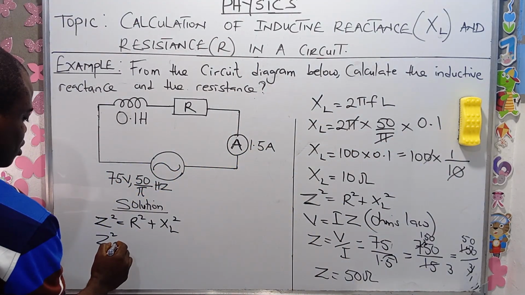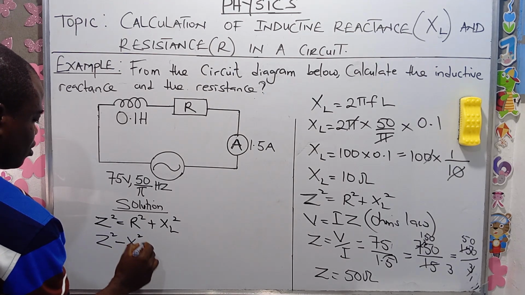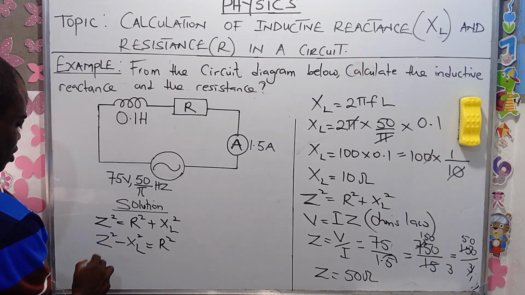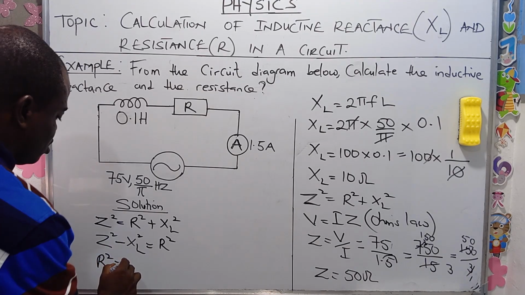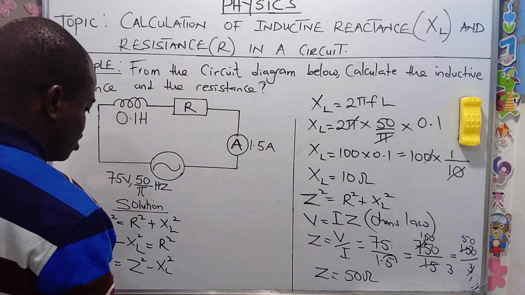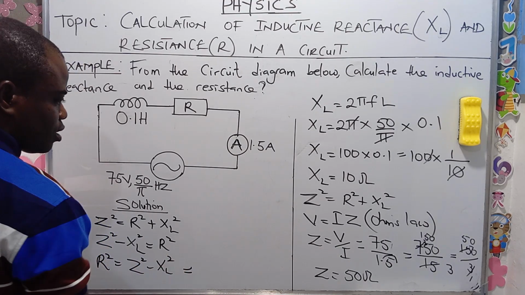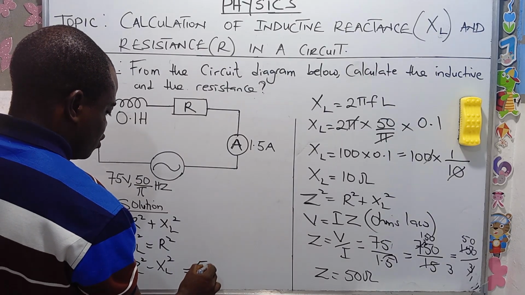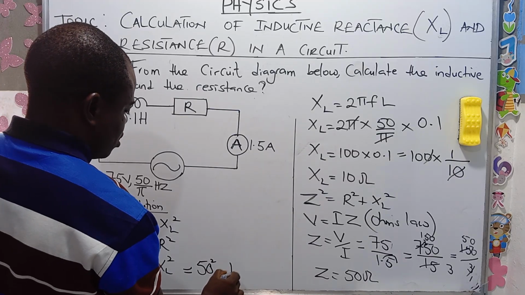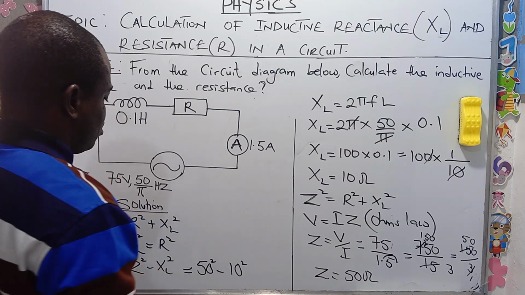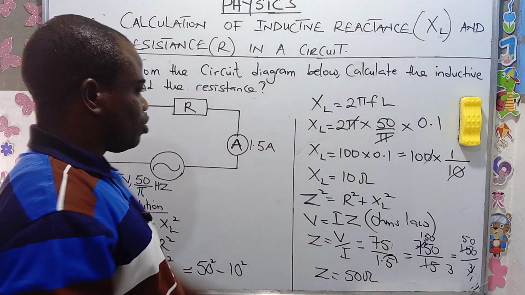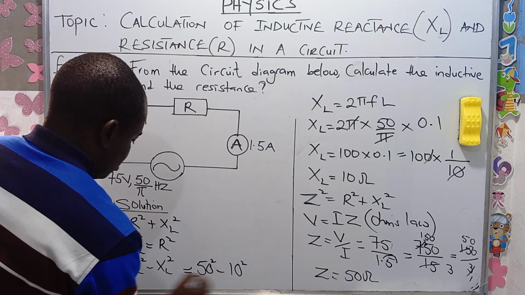Take XL across, the sign becomes minus, X subscript L squared equals R squared. Still the same thing when you write R squared equals Z squared minus XL squared. What's Z, the impedance? 50 squared minus XL, 10 squared.